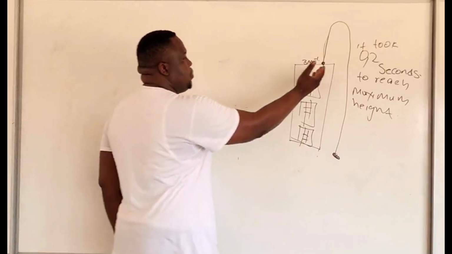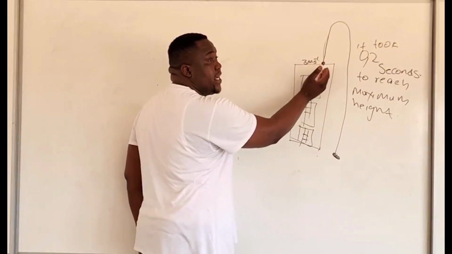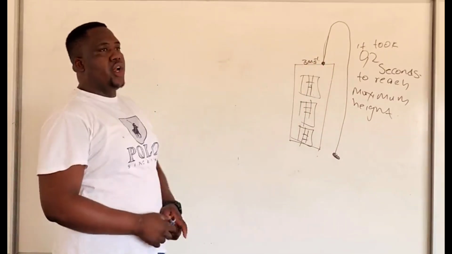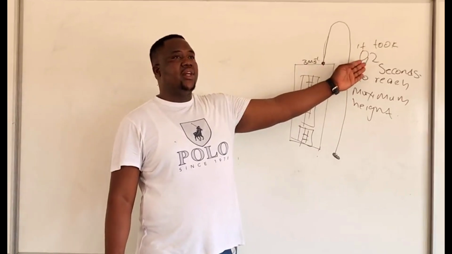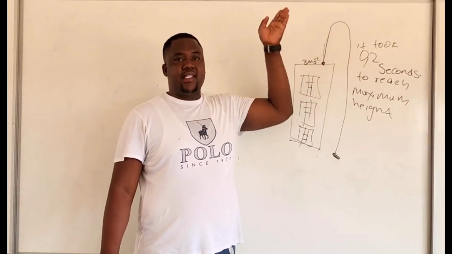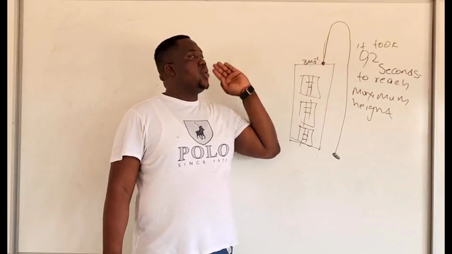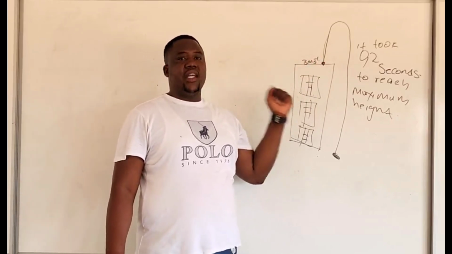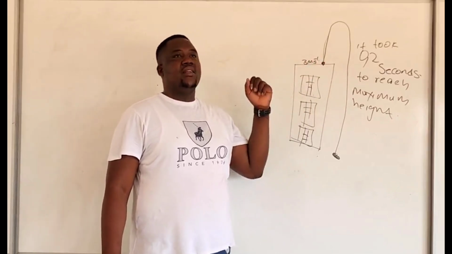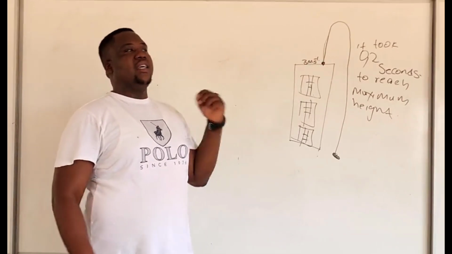So an object is projected up at 3 meters per second and it took 0.2 seconds to reach its maximum height. We're good, right?